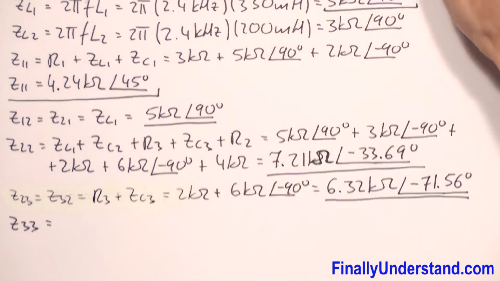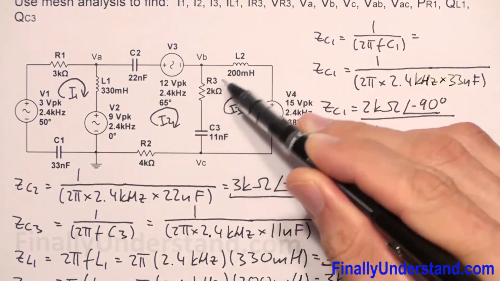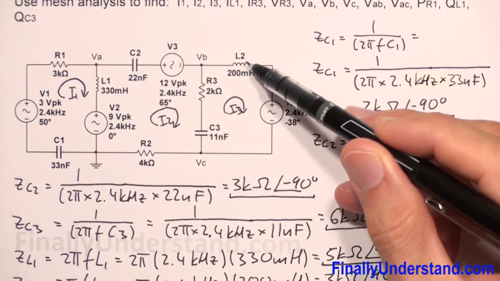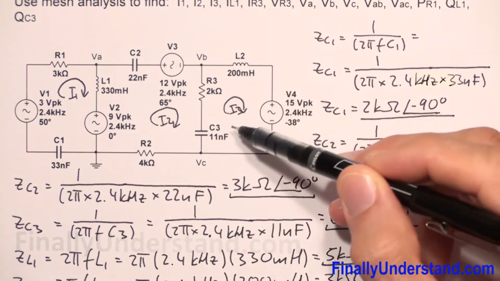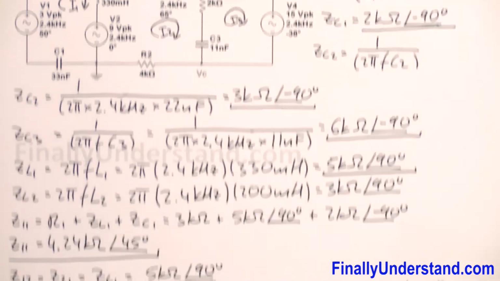Next I'm supposed to find Z33. Z33 is the sum of the impedances in loop 3. So this is ZL2 plus ZC3 plus R3.